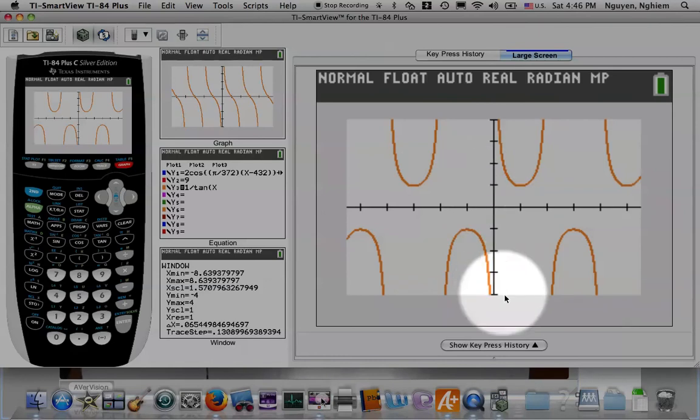It's going to be a bunch of vertical asymptotes that occur here, at this point and at this point. So I'm going to draw that in. It looks like the vertical asymptotes are occurring at pi, 2 pi, 0, negative pi, negative 2 pi.